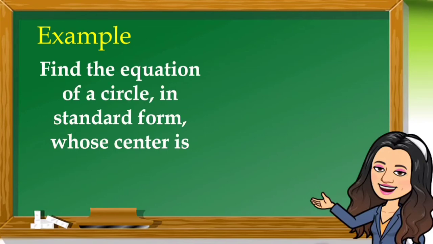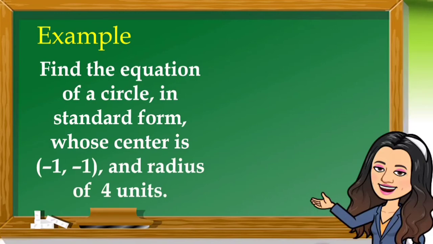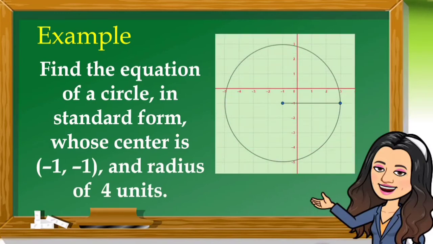Find the equation of a circle in standard form whose center is (-1, -1) and radius of 4 units. Here is the illustration of the problem. The center of the circle, which is at point (-1, -1), and the length of the radius, which is 4 units.